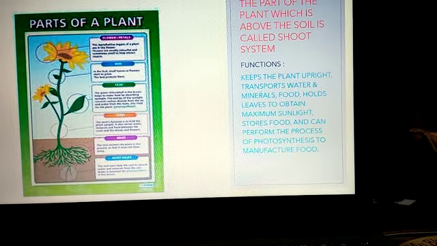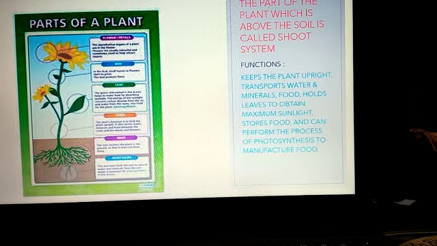What is the function of this shoot system? The function of the shoot system is that it keeps the plant upright. Not only that, it even transports water, minerals and food, holds the leaves to obtain maximum sunlight, stores food, and can perform the process of photosynthesis to manufacture food.